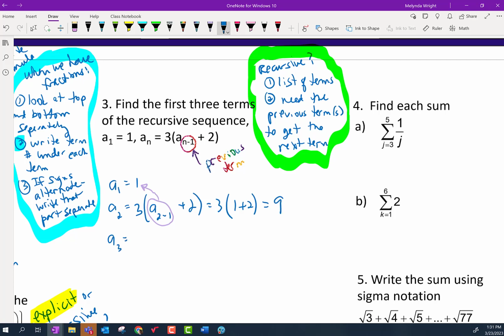Our third term. So we've got 3 times a sub 3 minus 1 plus 2. 3 minus 1 is 2. A sub 2 is 9. And that's 11 times 3, or 33.